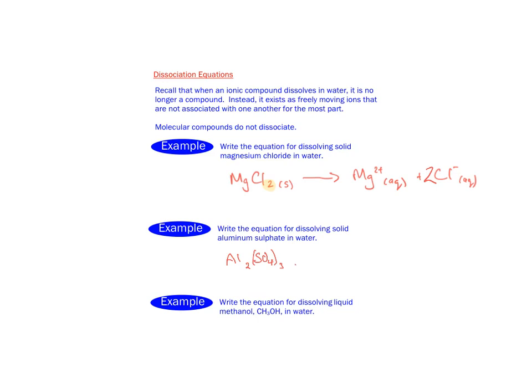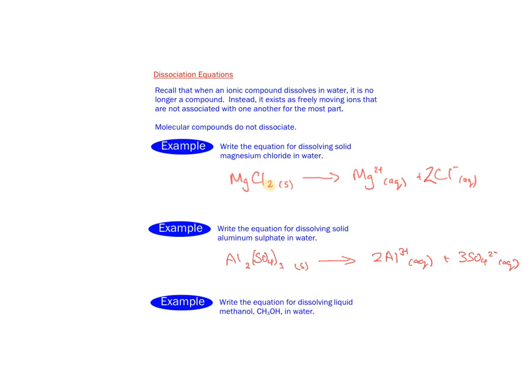And this is a solid, and it's going to give us 2Al3+ (aq) plus 3SO4 2- (aq). Make sure you get all those charges and the coefficients and the states in your chemical equation. And we got one more on this page.